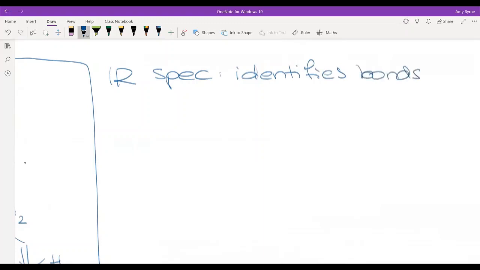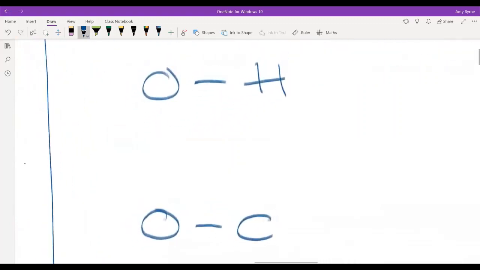Basically what happens, if I have an oxygen attached to a hydrogen and an oxygen attached to a carbon, just like strings, these bonds vibrate when they're exposed to a particular wavelength of infrared energy.